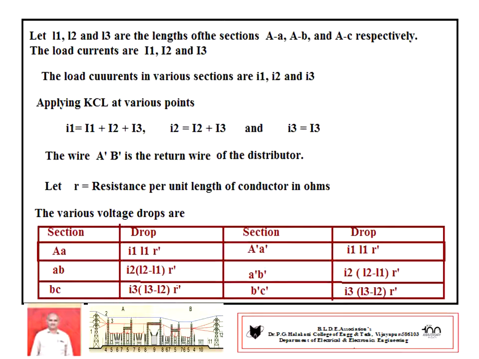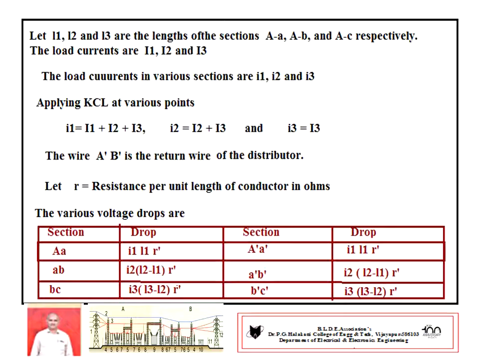By applying KCL at the various points, I1 equals i1 plus i2 plus i3, I2 equals i2 plus i3, and I3 equals i3. The wire A dash B dash is the return wire of the distributor.